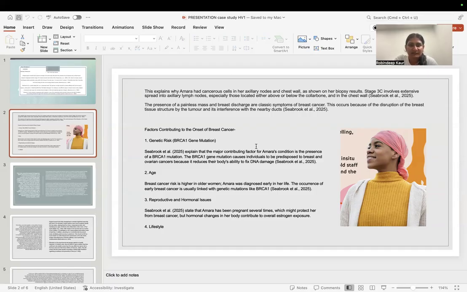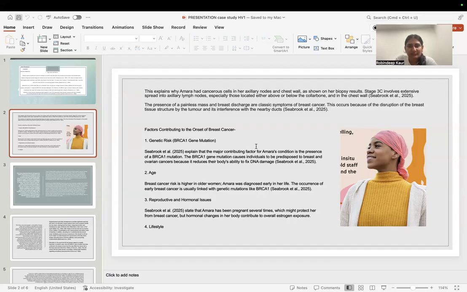The presence of pain, mass, and breast discharge are classic symptoms of breast cancer. This occurs because of the disruption of the breast tissue structures by the tumor and its interference with the nearby ducts. And the factors are genetic risk, BRCA1 gene mutation.